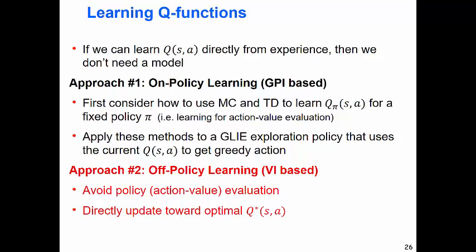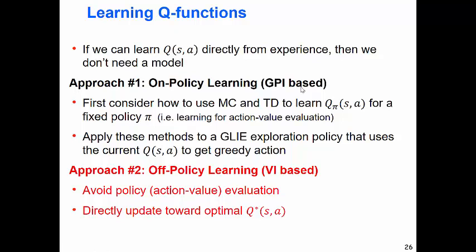So now we're going to look at Q learning, so off policy learning, and it is worth mentioning just a few points about on policy learning, though. So I guess I'll stick here just for a few more minutes.